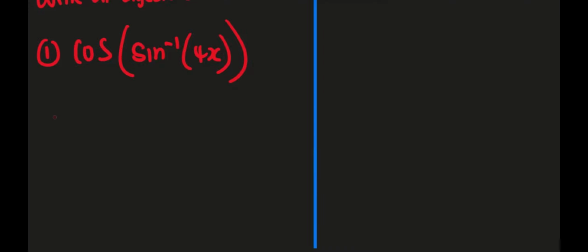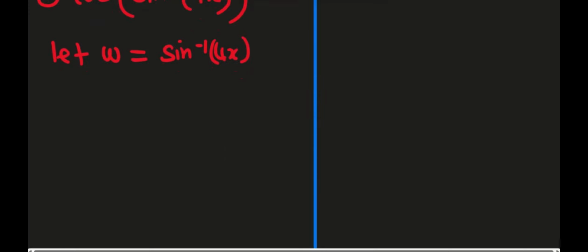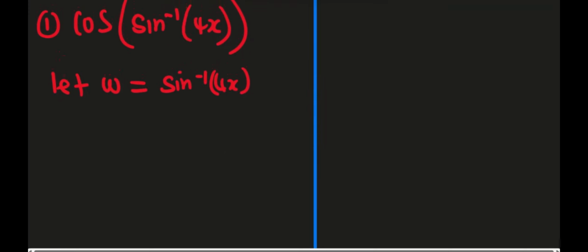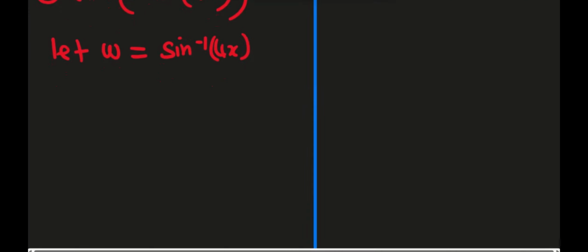Let's say let w be equal to arc sine 4x. We know from trig identities that arc sine 4x gives you the angle of 4x.